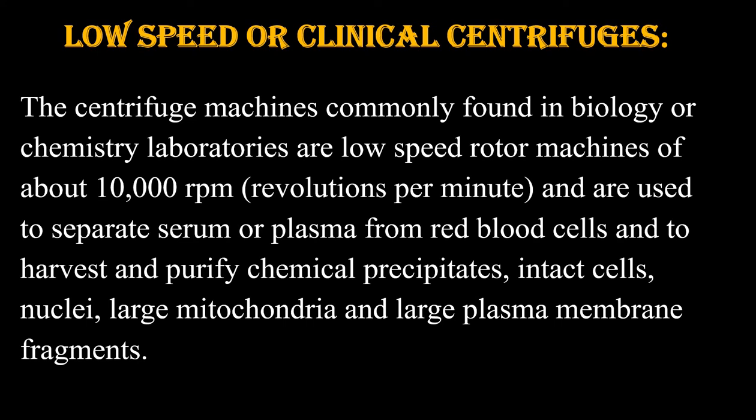Low speed or clinical centrifuge. The centrifuge machines commonly found in biology or chemistry laboratories are low-speed rotor machines of about 10,000 RPM, that is revolutions per minute, and are used to separate serum or plasma from RBCs, that is red blood cells, and to harvest and purify chemical precipitates, intact cells, nuclei, large mitochondria, and large plasma membrane fragments.